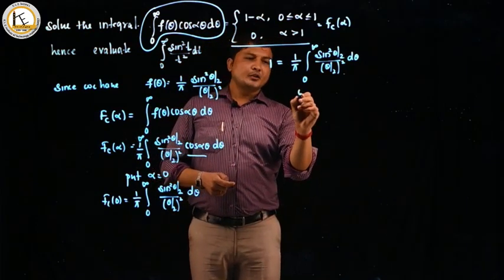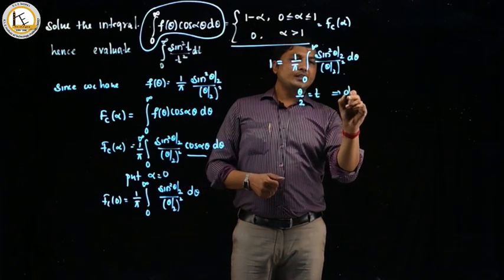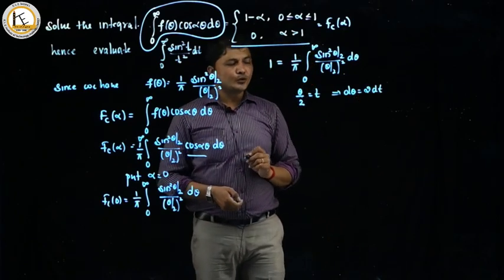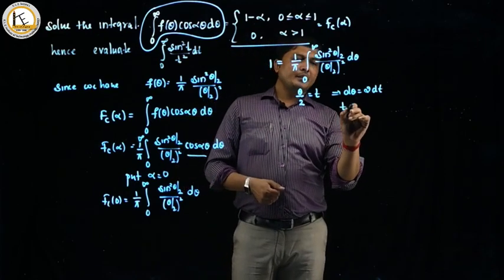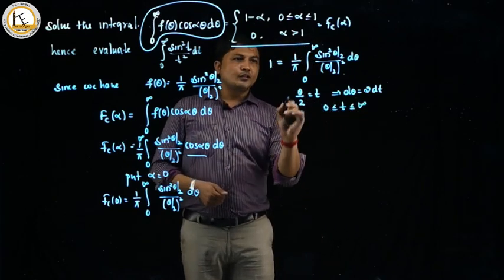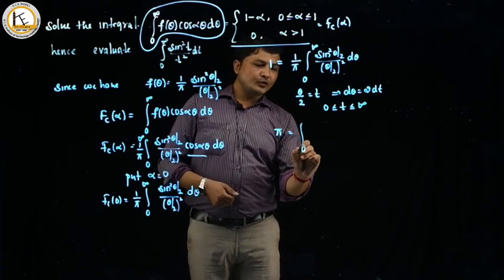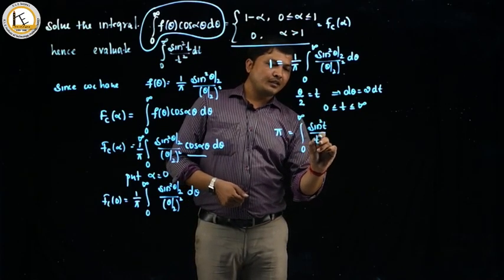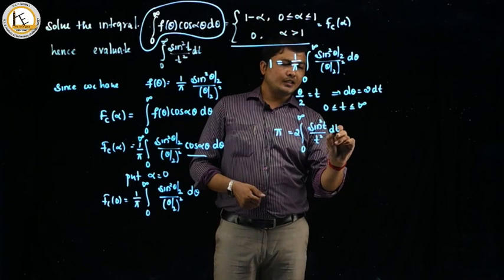Since we need to have sine square t, we take a substitution here: theta by 2 equal to t, and therefore d theta will be 2 times dt. So replacing d theta as 2 times dt and theta by 2 as t, obviously the limits will remain 0 to infinity only. Therefore, I will cross multiply this pi, so we get pi equal to integral 0 to infinity sine square t divided by t square, and d theta is nothing but 2 times dt.